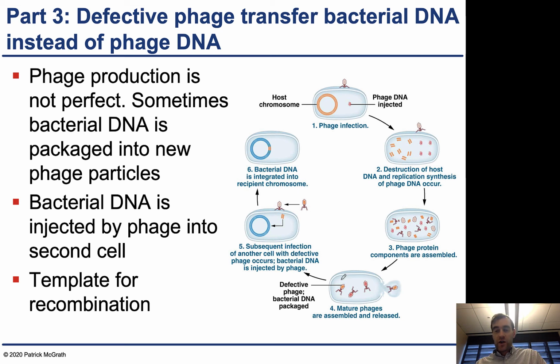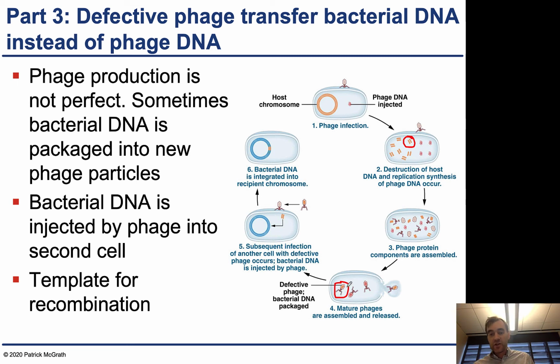But at some rate, instead of packaging up the viral genome, what ends up getting packaged into the viral particle is a piece of the original host DNA. So this is bacterial DNA that encodes bacterial genes that gets packaged into this particle.